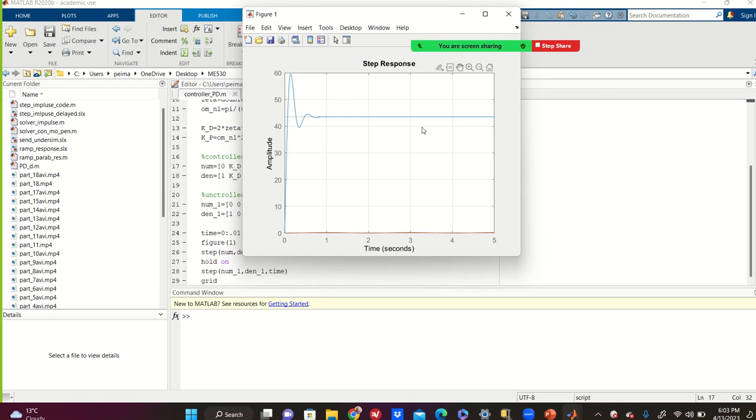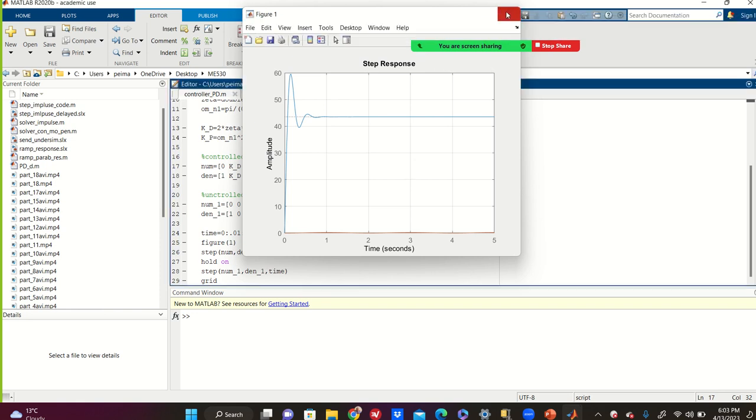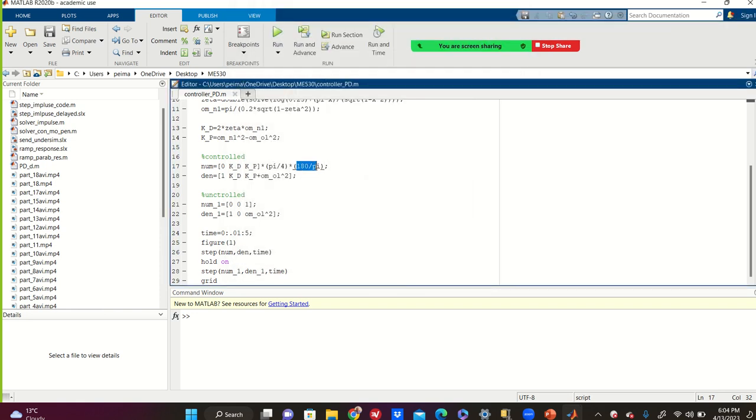Okay, I just changed it to degree by multiplying by 180 divided by pi. Right? This means change radian to degree. Now if I say, okay, push that to 60 degree for me, pi over 3. Here we go.